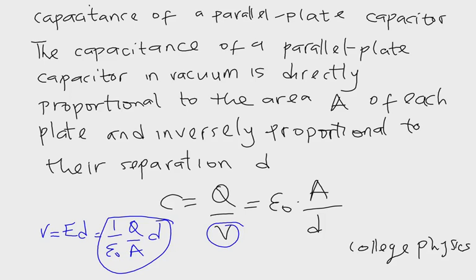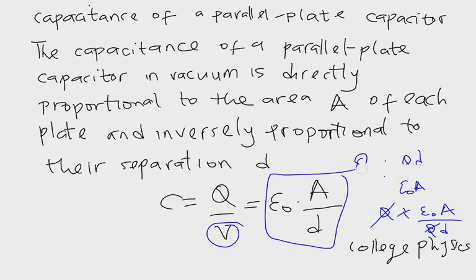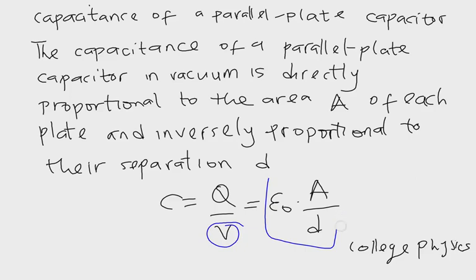We have Q divided by QD over epsilon naught A. So that means you have Q times epsilon naught A all over QD. So Q cancels Q, and we are going to have epsilon naught A over D. So take note of that. That formula is really important if you are going to solve questions related to it.